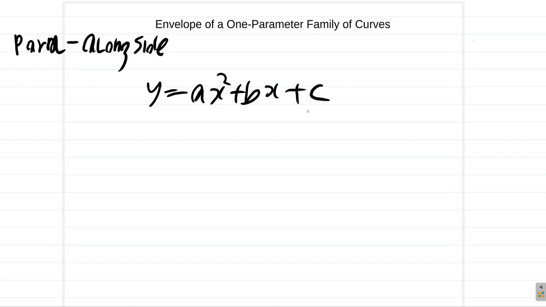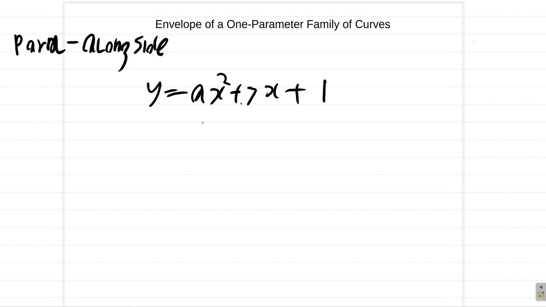You have three parameters here, a, b, and c. You could fix c to a certain number and say plus 1. You only have two parameters. You could have a situation where you give b a specific value, say 7. You would only have one parameter, a.